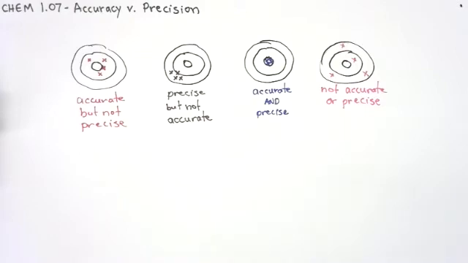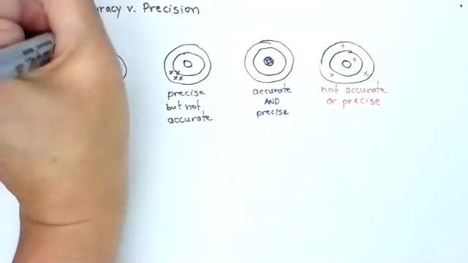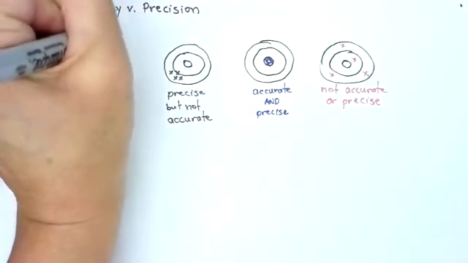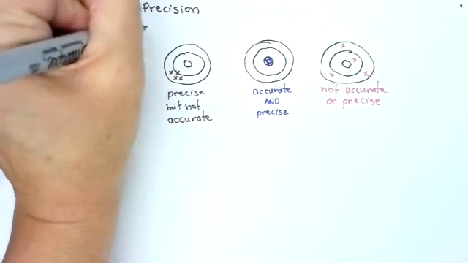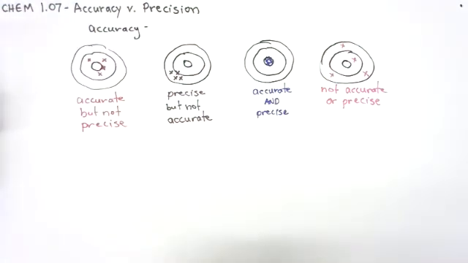So let's define accuracy and precision now. Let's take advantage of this space up here. You cannot define accuracy without talking about a standard. And often in science, we're talking about measurements, the accuracy or precision of measurements.